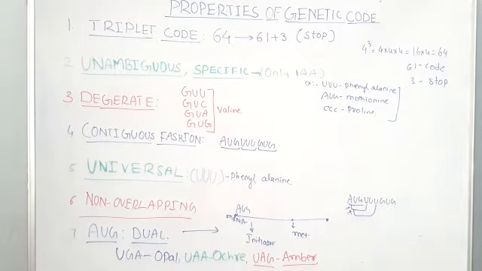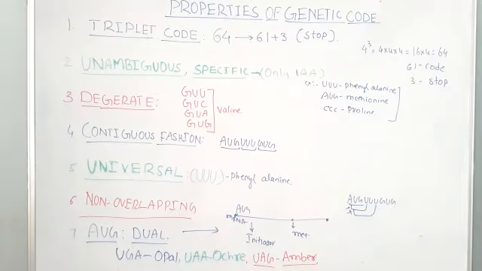Translation or protein synthesis is stopped by these 3 codons. So 61 plus 3 together form the 64 codons. But the 61 code for different kinds of amino acids. For example, UUU codes for phenylalanine, AUG codes for methionine. Likewise, different amino acids are coded by different triplet codons.